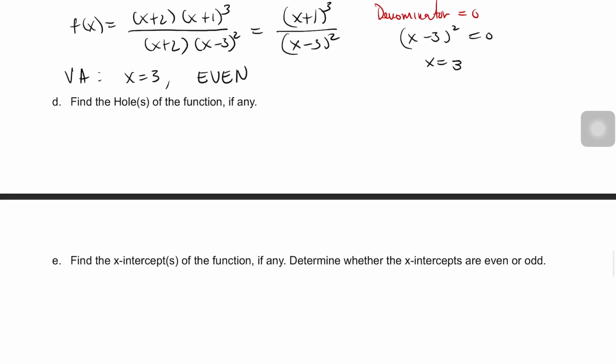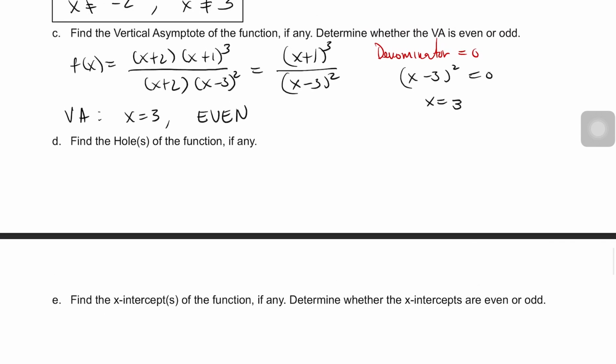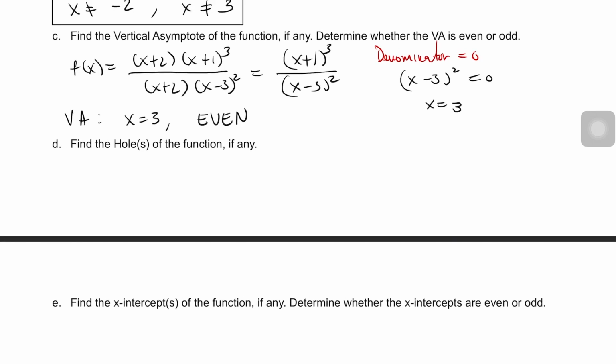All right, so let's jump into another one. Find the hole. Remember, the hole happens to be the factor that was canceled. The only factor that was canceled was x plus 2.